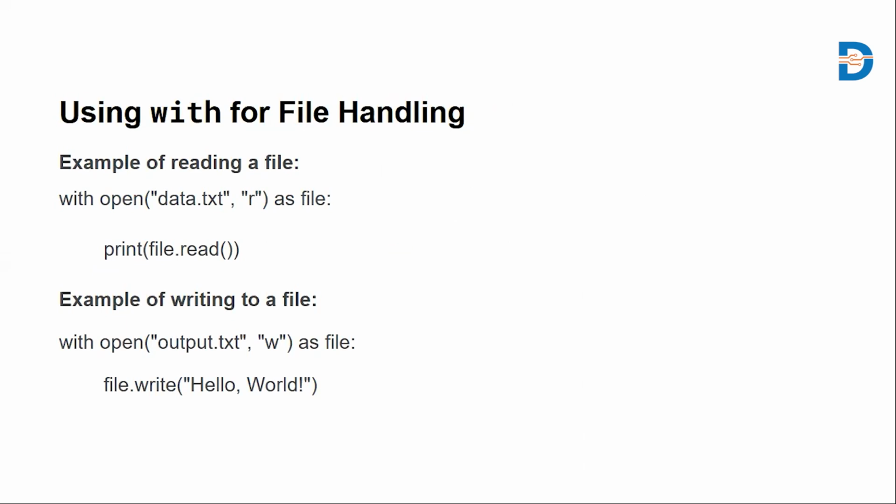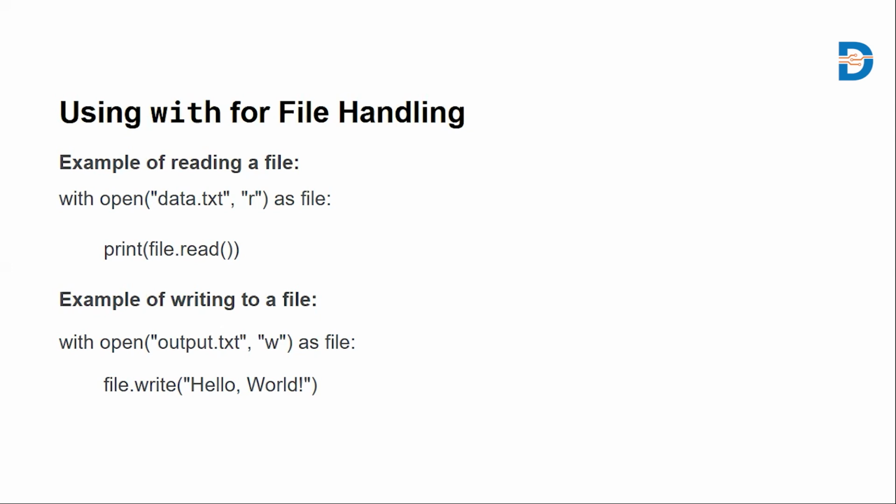In this example, we open the file data.txt in read mode. As I told you before, r refers to read mode. The with block ensures that the file is automatically closed after reading, even if any error occurs during the read operation.